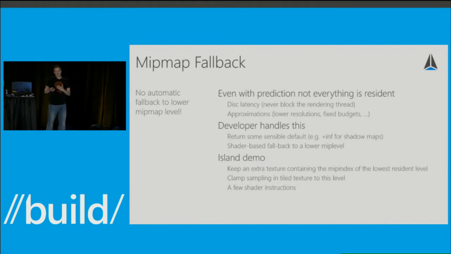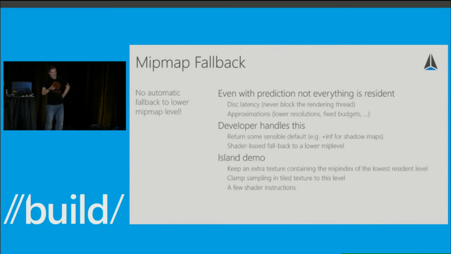Because even if you have really good prediction, even if your analysis of the scene was perfect, data is probably not going to be available sometimes because the disk is slow. So you aren't guaranteed that all your data is available in the tiled resource.